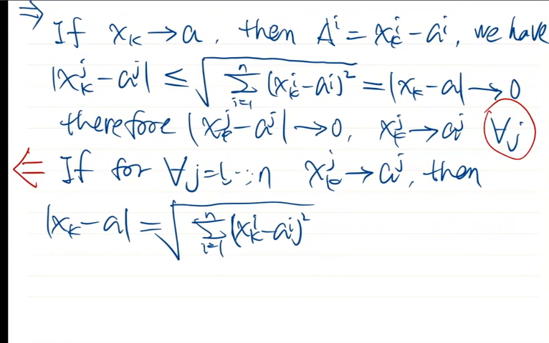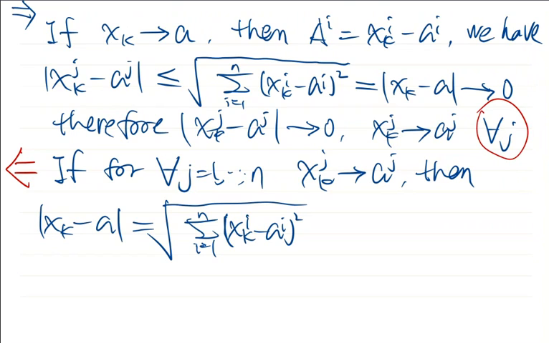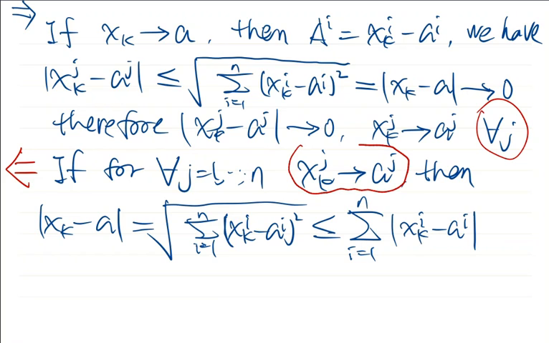According to the inequality we just proved, this will not greater than the sum of the absolute value of xki minus ai. But for every j from 1 to n, the linear sequence xkj converges to aj as k goes to infinity. Therefore, every term in this sum goes to 0.